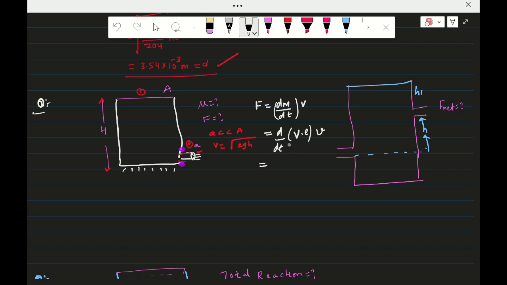So this is equal to area into dH by dt, the rate of flow of water. The area of cross section into dH by dt is equal to velocity, so it is rho into v, into again v, that equals rho A v square. This is the force.